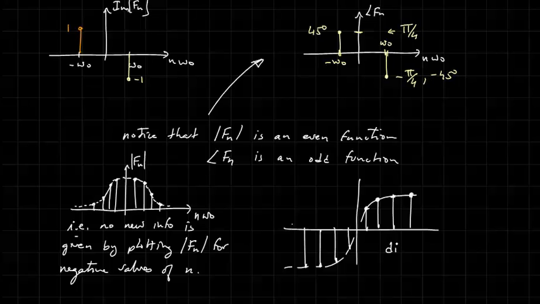Ditto for the angle of F(n), because if we know that it's an odd function, and for n equal to 1 we have an angle of pi over 3, then for a frequency of minus omega naught, right here, we're going to have an angle of minus pi over 3 because it's an odd function.